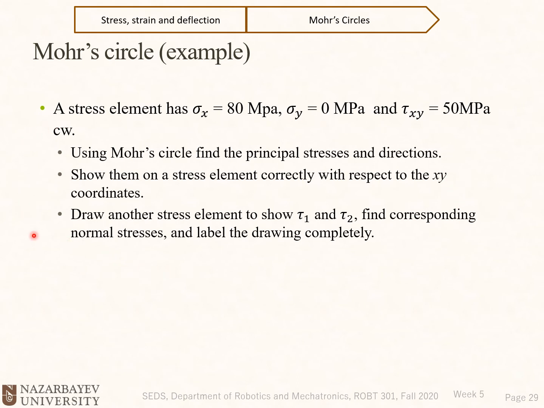Okay, so before proceeding to the solution, I strongly suggest you have your paper and pen ready and try to review the construction of the Mohr circle by yourself and see if you could construct the Mohr circle yourself, find principal stresses sigma 1 and sigma 2, maximum shear stress tau max, and if you could find phi sigma and phi tau.